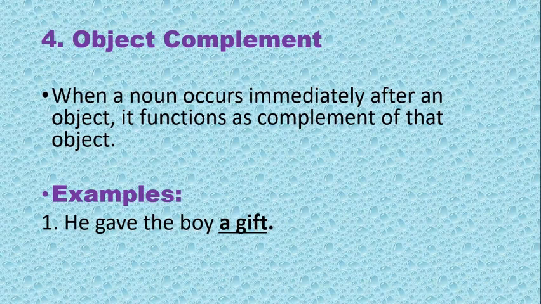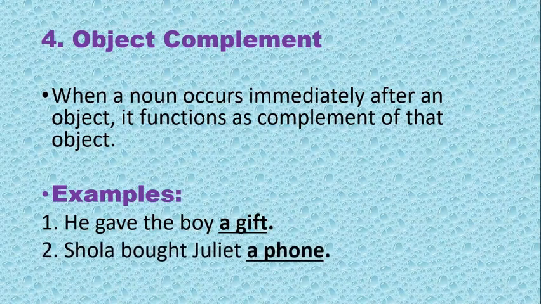Now we have two objects here. The second object is coming immediately after the first object and is functioning as the object complement. A gift is the direct object, while the boy is the indirect object. So this gift, which is a noun, is functioning as the object complement to the boy.